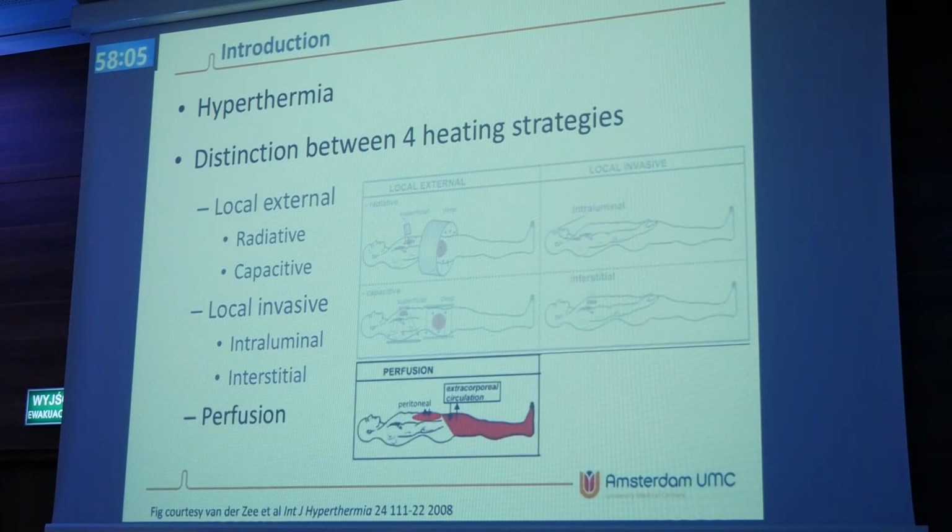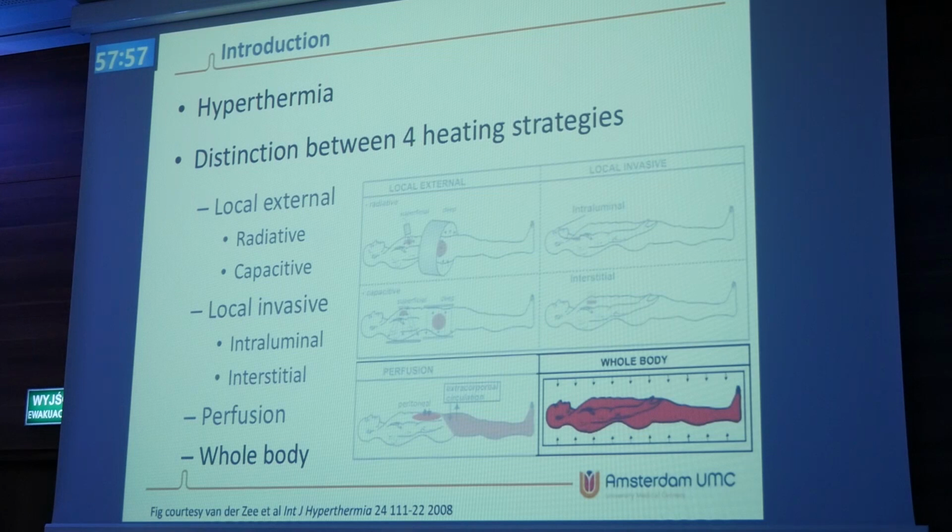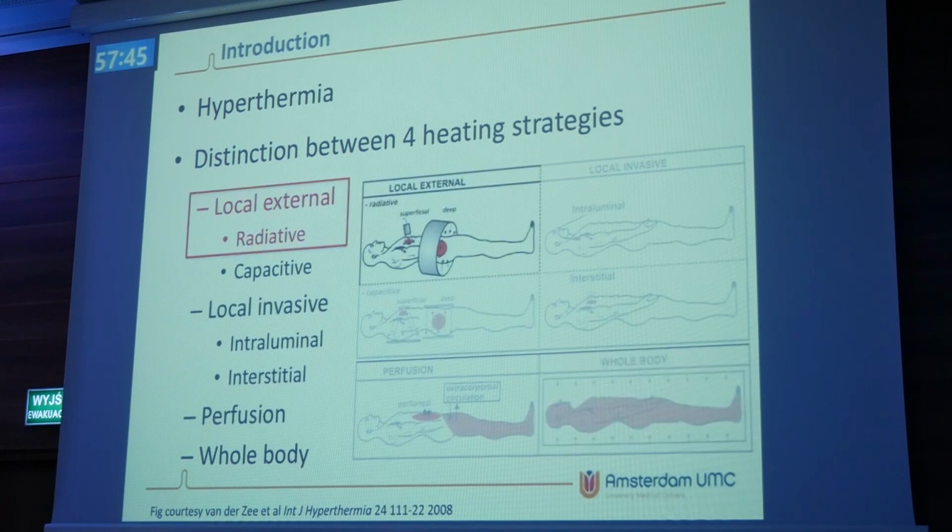Then there are perfusional techniques, mainly using heart-lung machines in order to heat up a part of the body. And finally, whole body hyperthermia, which was actually one of the first forms of hyperthermia to be widely used in the clinic 30, 40 years ago.